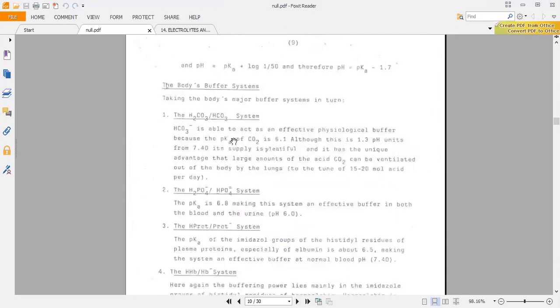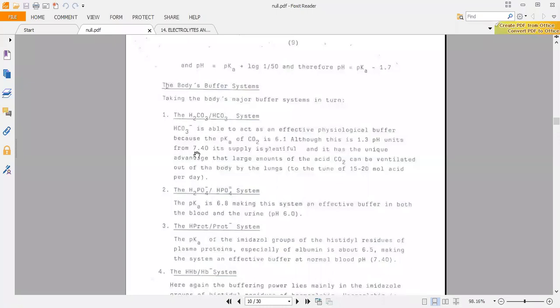So let's look at this. Let's look at the bicarbonate. The bicarbonate system has a pKa of 6.1, and we want to use it as a buffer for the human system, and the human system has a pH of 7.4. So the question is, can bicarbonate act as a buffer in a human being?